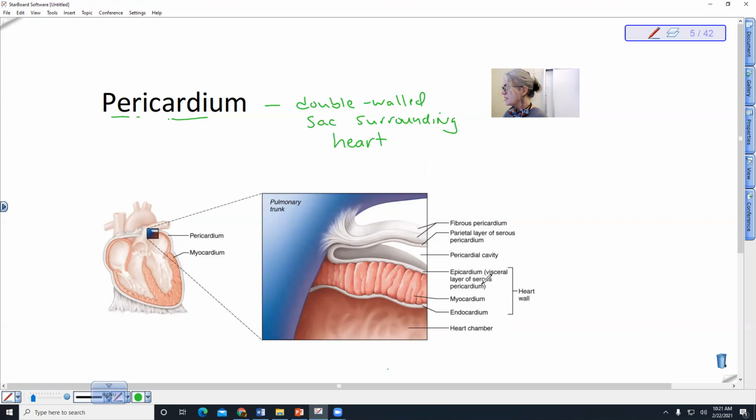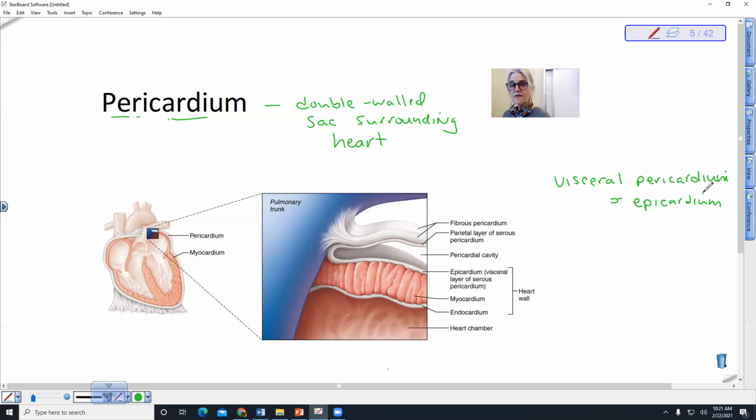So the visceral is that layer of the pericardium. So we have the visceral pericardium. This also is called the epicardium. So this is connective tissue on the outside of the heart.